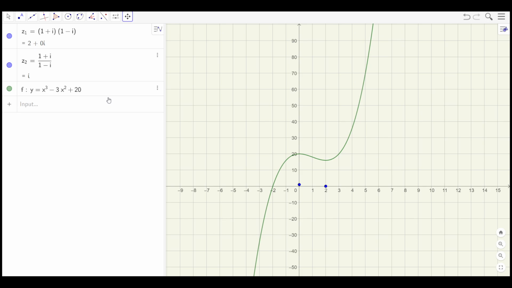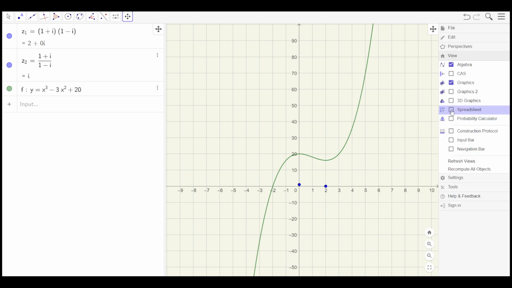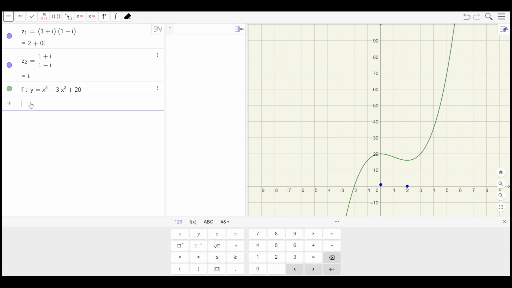And then, if we go to CAS view, do you think GeoGebra is also capable of solving that equation for us? If I write solve, I think it might ask you in which domain you want to solve the equation.